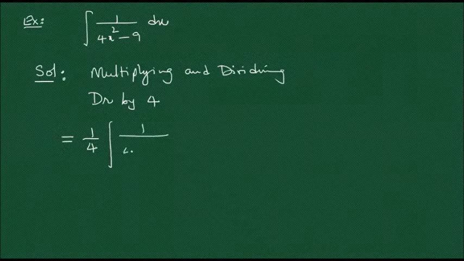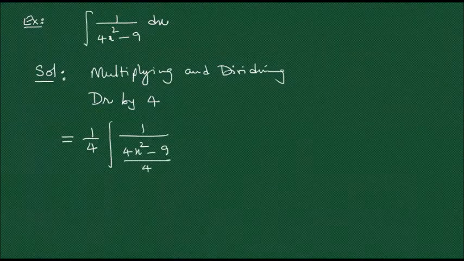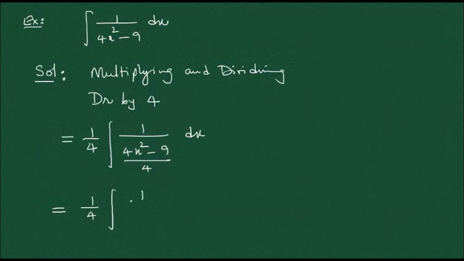Integration of 1 by 4x square minus 9 by 4 dx. So if you write it in a proper way, 1 by 4 integration of 1 by x square minus (3 by 2) whole square dx.